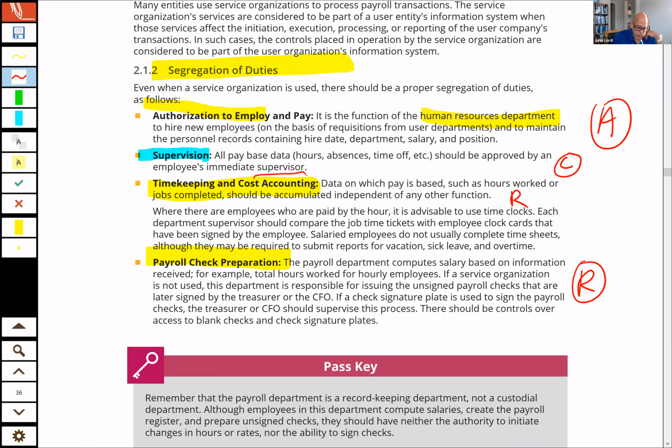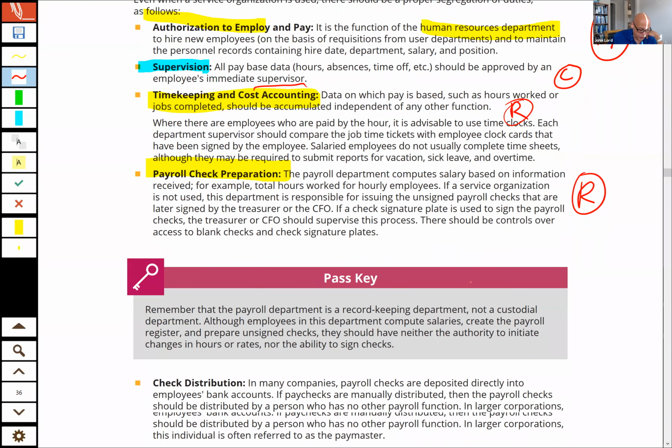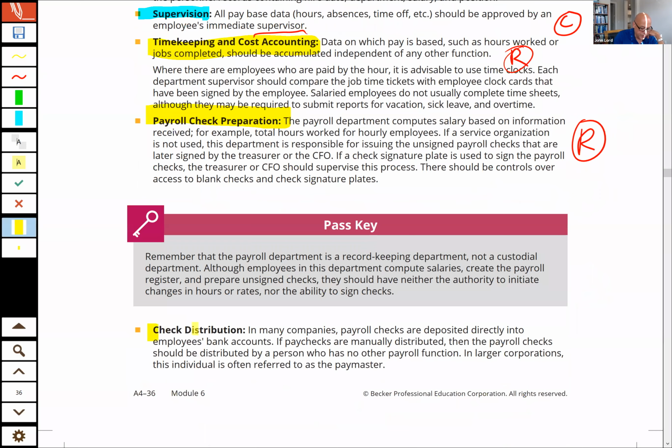And finally, payroll check distribution is considered custody. Now the way they describe this payroll check distribution harkens up images of 1964, where you'd have people working hard and someone walks out on the factory floor and hands them a check and says, thank you for another hard week of work.